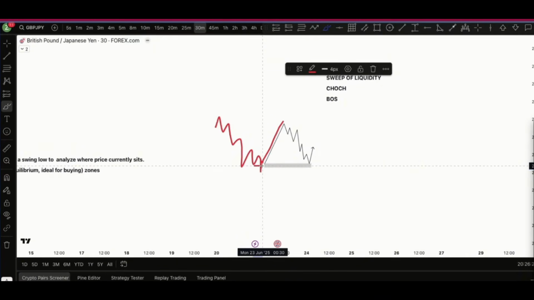This one swept this and then broke this. So this level was now confirmed as our swing low. But for this high to be confirmed as a swing high, we must have this. The substructure should give us something like this, then take out this last low for us to confirm this swing high.